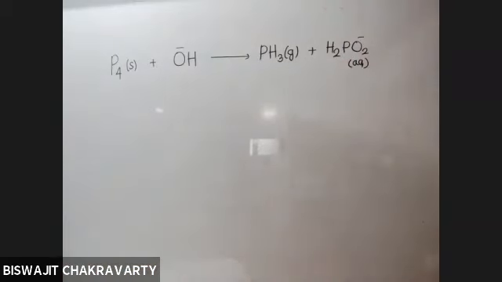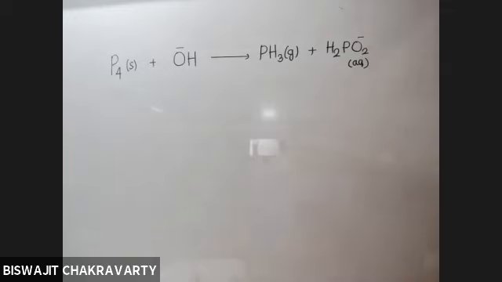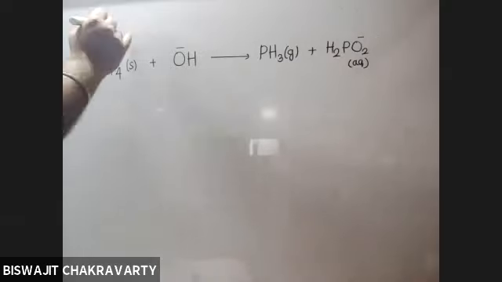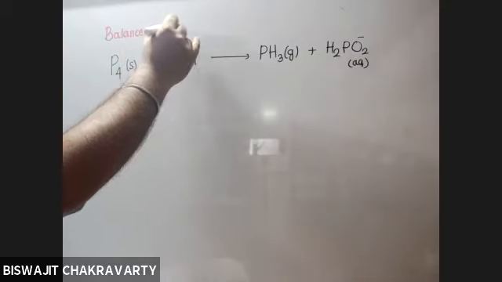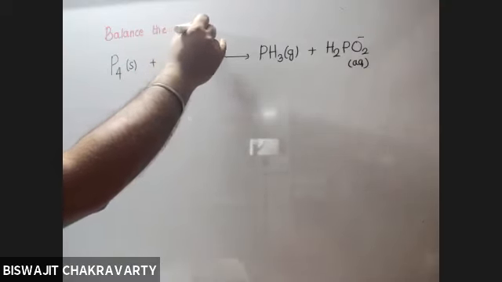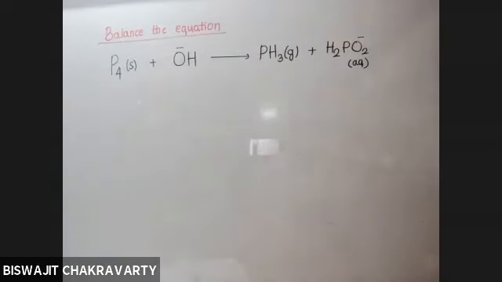Even if it is not mentioned that you have to balance it in basic medium, it is implied because OH minus is there in the equation. If H plus or OH minus is not given in the equation, it will be provided in the question itself, whether you have to balance in acidic or basic medium. So in the final equation, OH minus should come. But at present, we need not give any importance to OH minus. It will automatically come in the last step.